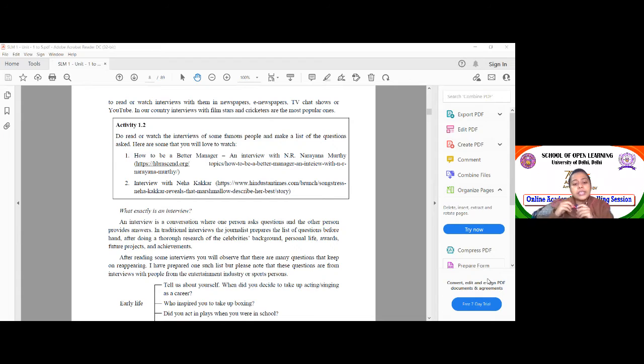Now, what they have said is that in traditional interviews, the journalist prepares a list of questions beforehand, which is obvious because when you are conducting an interview, say with a celebrity, they are bound by time, right? So you have to book an appointment with them wherein they agree that they will come for this particular interview. So in that time, it is very difficult if you have not done your research.